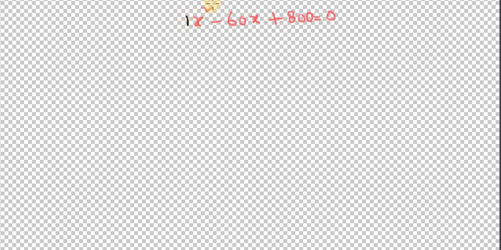So if I take the multiplication, 1 with 800, we need two numbers whose product is 800 and whose sum is minus 60, the middle term. What are the possible factors for 800?